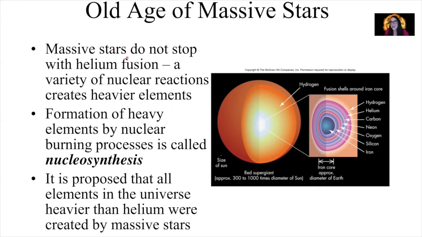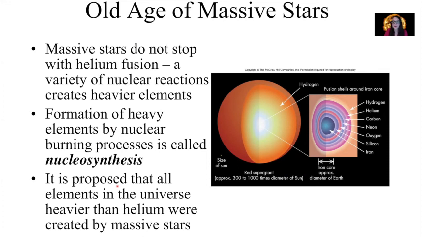But those more massive stars, they don't stop with helium fusion. A variety of nuclear reactions create what we call heavier elements further along on the periodic table. The formation of heavy elements by nuclear burning processes is what we call nucleosynthesis.